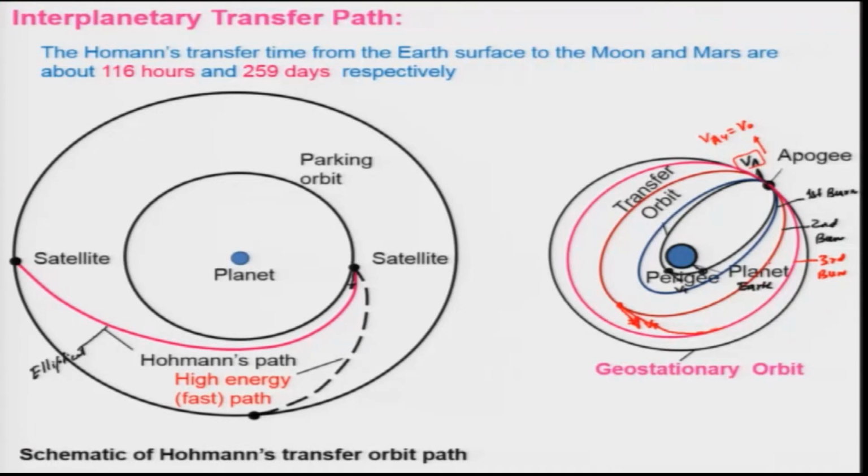And this kind of path is known as a bi-elliptic path. That means you are imparting thrust at the apogee, and also at the perigee. This is known as a bi-elliptic orbit, which is also used to accelerate the transfer from one level to another outer orbit.